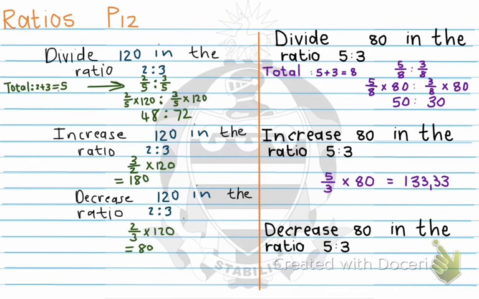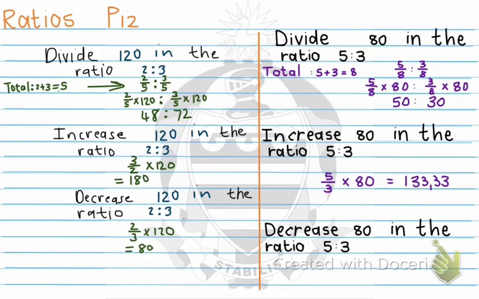And then the last one, I have to decrease 80 in the ratio 5:3. So my answer must be less than 80. So now I look at the ratios, which one is less between 5 and 3. I hope you all agree that 3 is less than 5, so therefore 3 must be on top. 3 is the numerator and 5 is the denominator of 80, and that of should turn into a multiplication, and if you work that out with your calculator, that gives you 48.